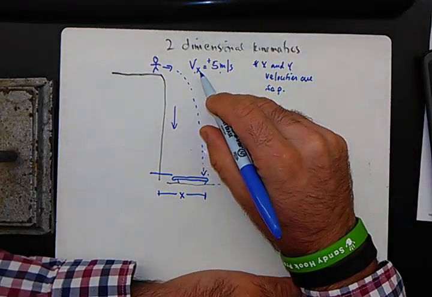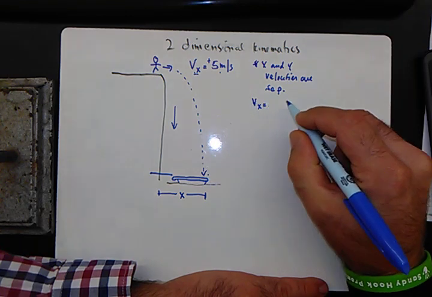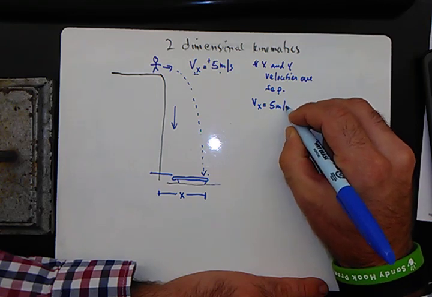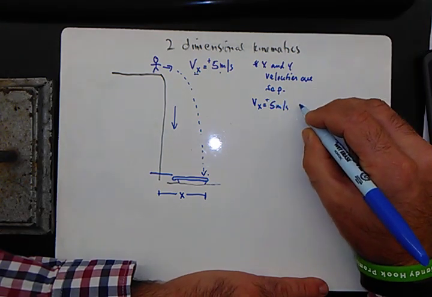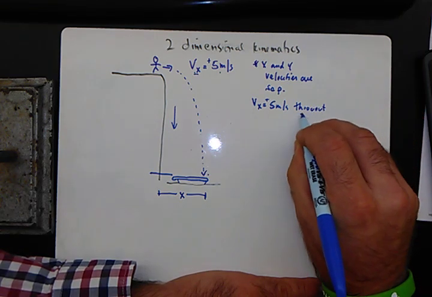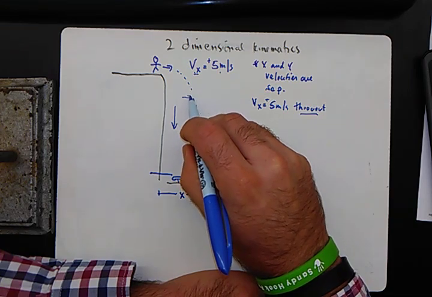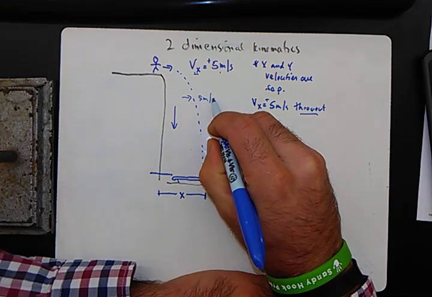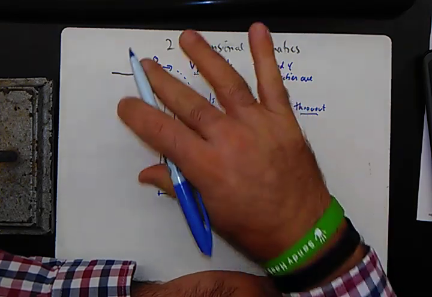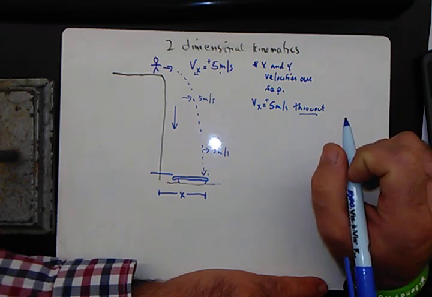The other thing we want to note is that the velocity in the x direction equals 5 meters per second throughout the entire thing. That means it's going to move this way at 5 meters per second throughout the entire process, because they do act separately.